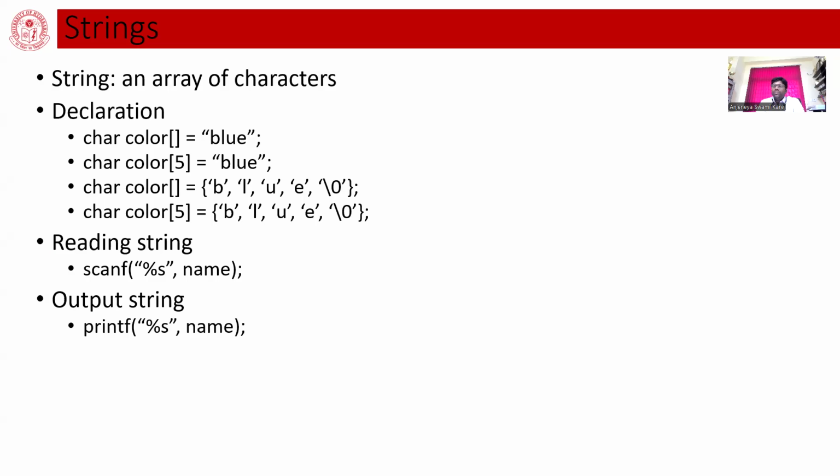So how do you distinguish that? That is why strings are a special array of characters. What is the difference? Basically, we don't know how many characters the name will contain.